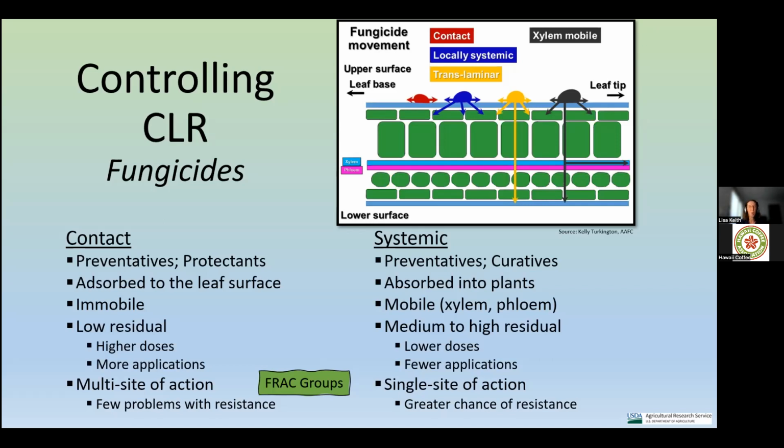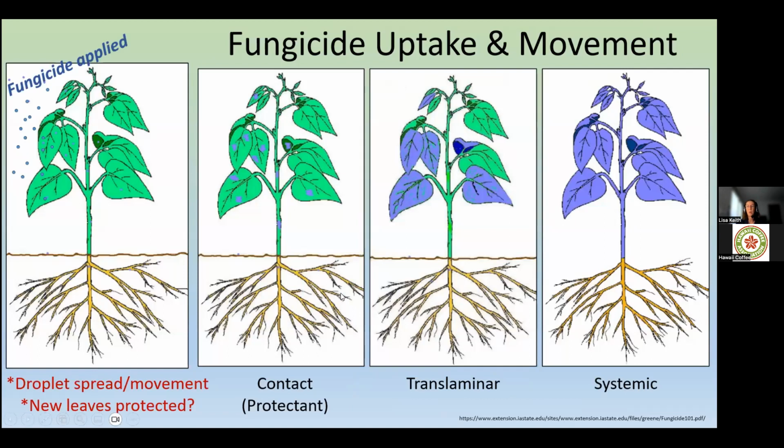And that's, again, why you need rotation to cut down on potential resistance. Okay, so here's another way of looking at it, just to understand what to do, how to do it, and why it's important to work with the product the best way possible.